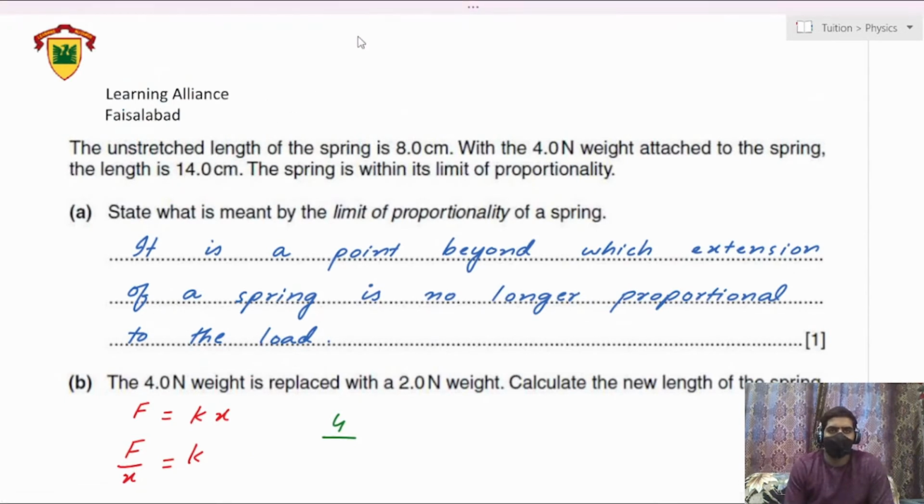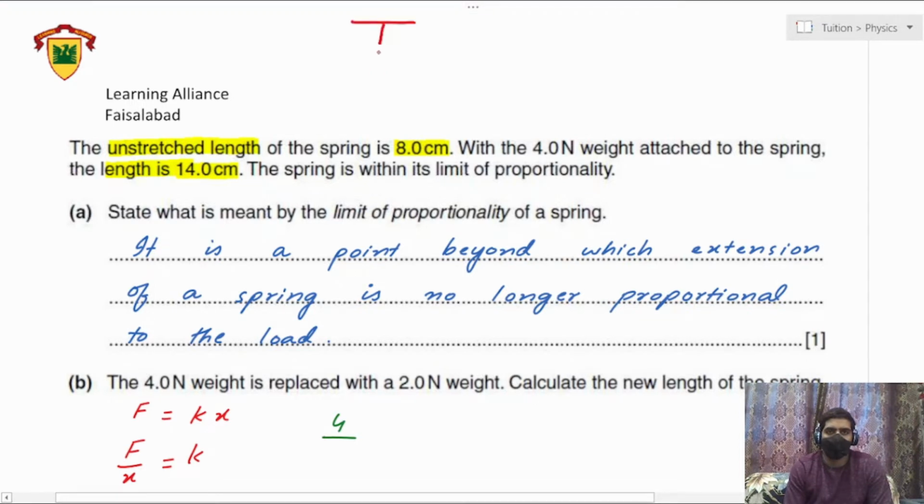Here you have some information. The original length of the spring was 8 centimeter. Unstretched length means the original length, and when you added the weight of 4 Newton, the new length is now 14 centimeter. All right, so it looks something like this.